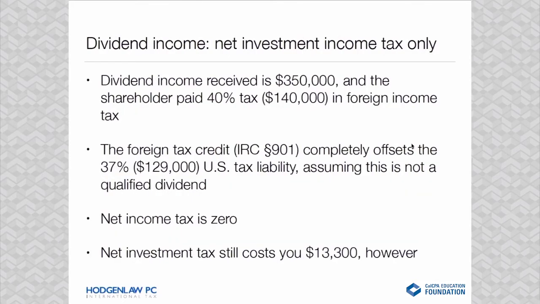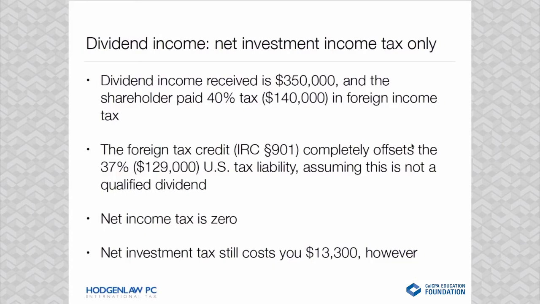Dividend income. Remember I said that Section 959 is out the window when you make the Section 962 election. So you don't get to take a $350,000 dividend from the controlled foreign corporation and exclude 100% of it from your gross income because of Section 959. Now Section 962 makes it taxable.